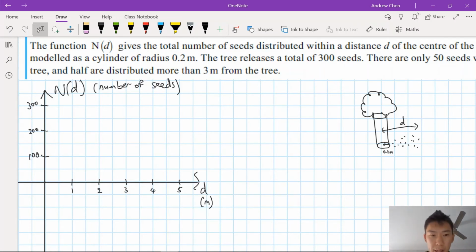So it's going to start at 0.2. Let's say 0.2 is here somewhere.